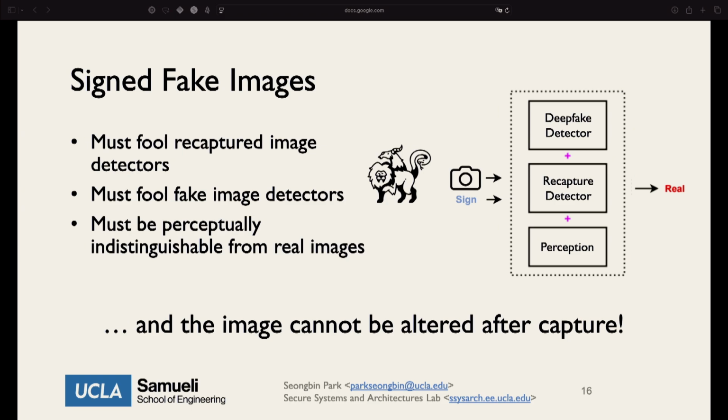And all 3 of these objectives must be achieved before, meaning any alterations we make to the image must be done before we take a picture of the image, because if we alter the image after we take a picture of it, there will be metadata that lets the end user know of any wrongdoing.